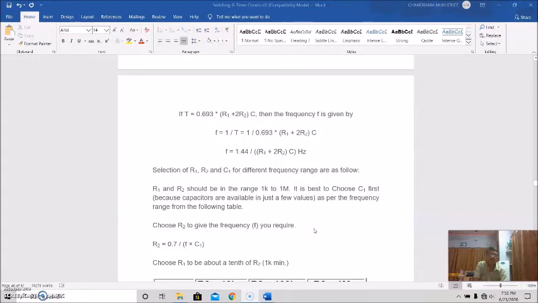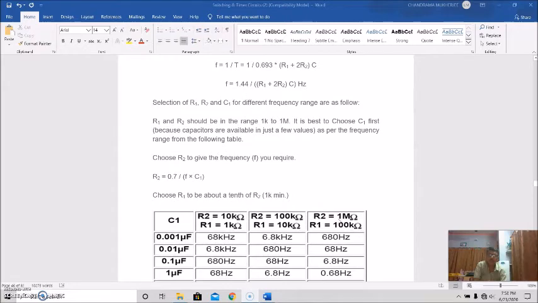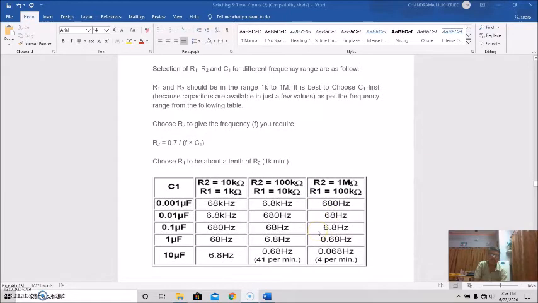The selection of R1, R2 and C1 for different frequency ranges is given in this table. R1 and R2 should be in the range of 1 kilo ohm to 1 megohm. It is best to choose C1 first, because capacitors are available in just a few values, as per the frequency range from this table.